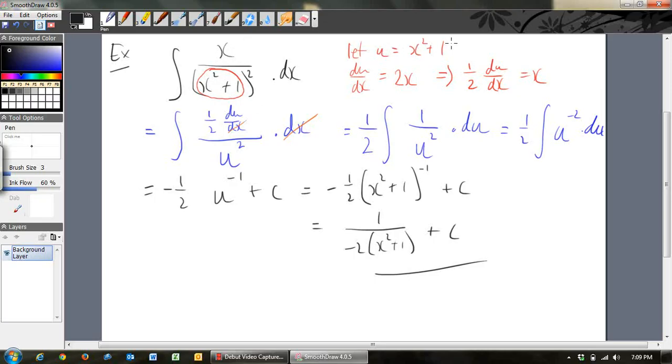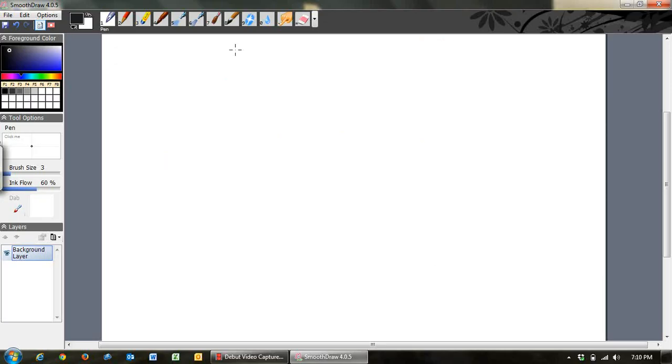You let u be the inside function, find out what du dx is, and then substitute all of these things back into the original function so that you've got a function that's only in terms of u. Hopefully then you've got something that you can anti-differentiate, that you know the value of. Do that and then substitute x back into there.